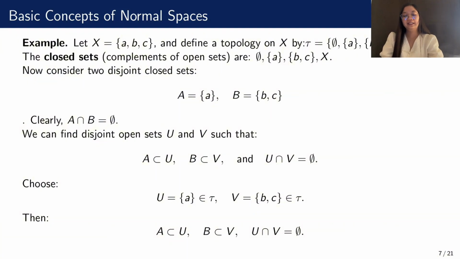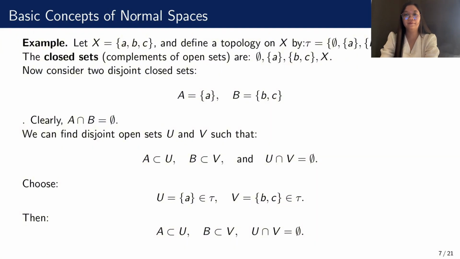Then we can see that A is a subset of U and B is a subset of V. So the intersection of those open sets is also disjoint, or empty.